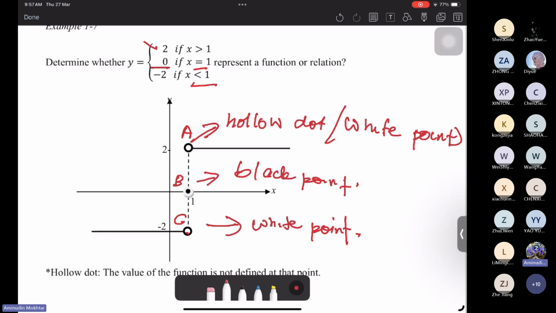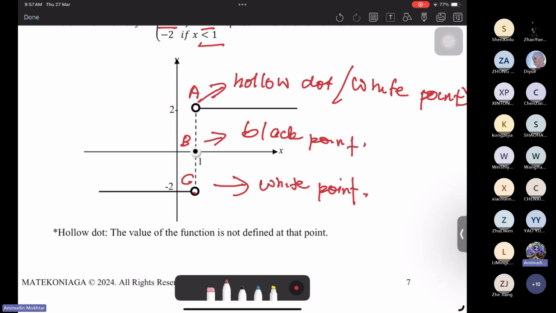What does it mean by hollow dot and black dot? At a hollow dot, the white point at point A and point C, the value of y is not defined at that point.